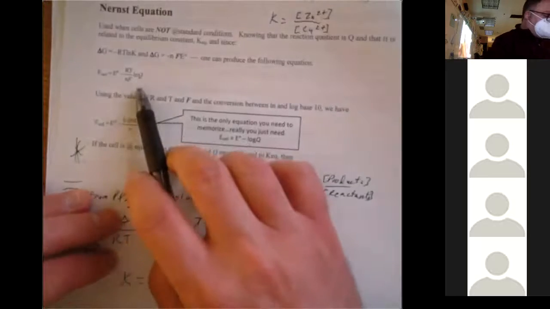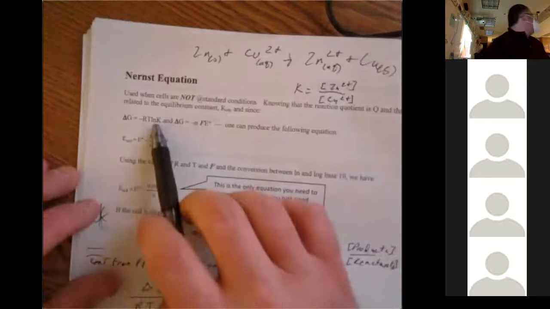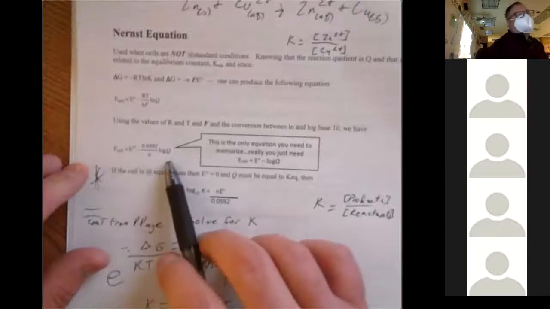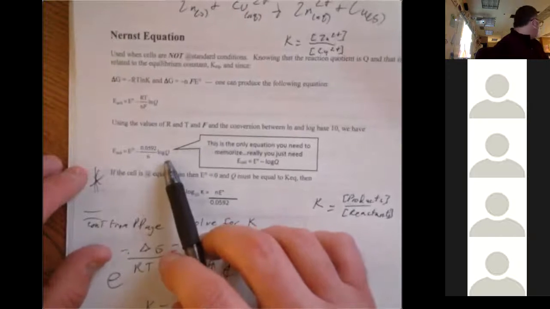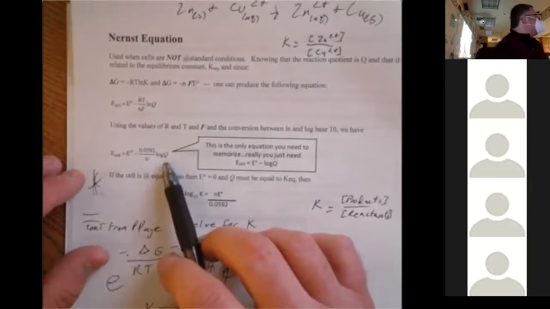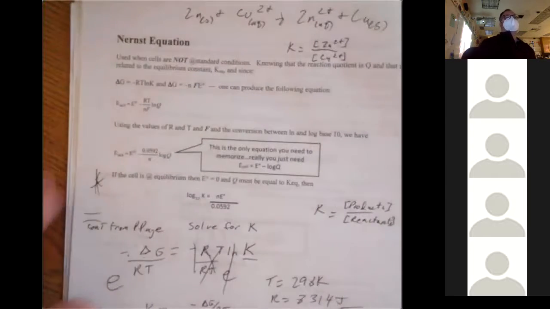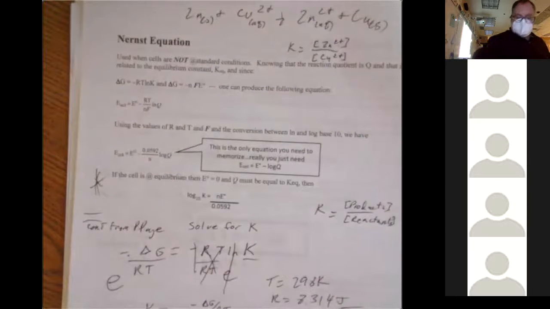Well, K from right here, K is at equilibrium. Q is at a point that's not at equilibrium, right? That's that quotient that we've talked about in the past. So K is at equilibrium, Q not necessarily at equilibrium.